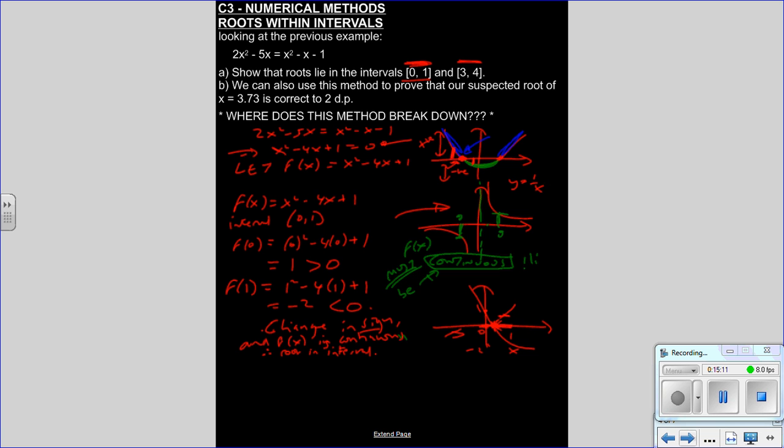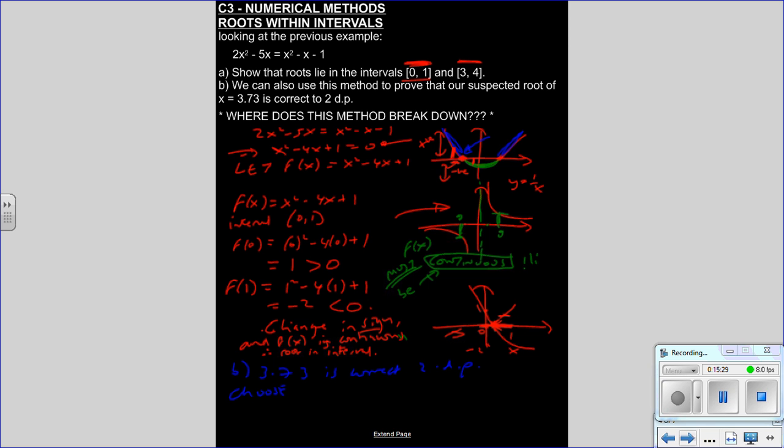Part B, we can also prove that our suspected root of 3.73 is correct to 2dp using this method. Because what we can do is we choose the interval 3.73.